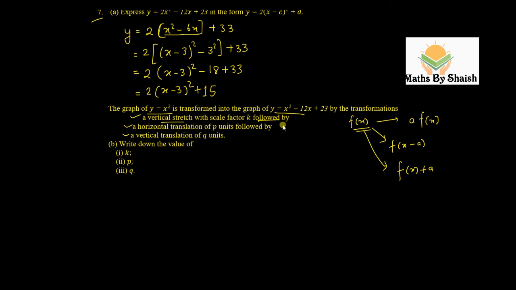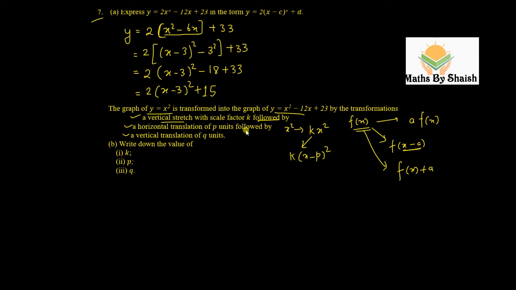So first of all, x squared is stretched, so it becomes k times x squared. Then it is horizontally translated by p units, so it is k times x minus p whole squared.